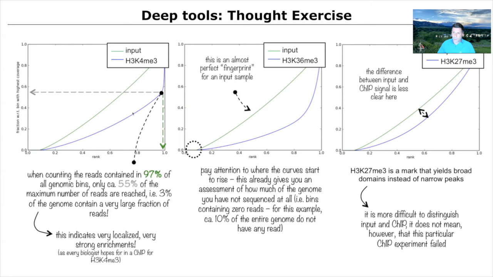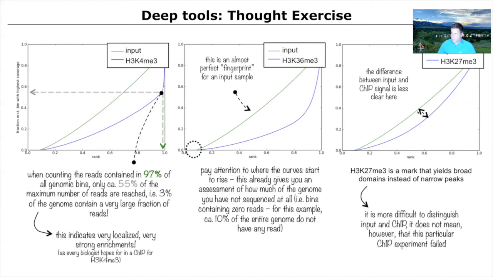In Deep Tools, you have this in your folder already. What you'll see here is that there's a large gap between input and when you hit saturation, which means they're very sharp peaks. Similarly here, this arc is going to take a lot longer. You can read more about this. I just conceptually see that this is an indication of a narrow peak, and this is an indication of a broad peak.